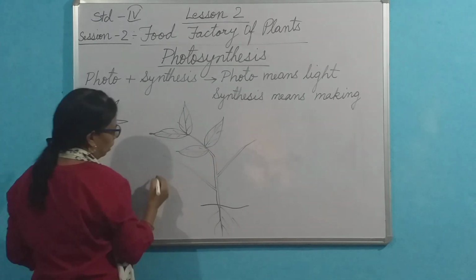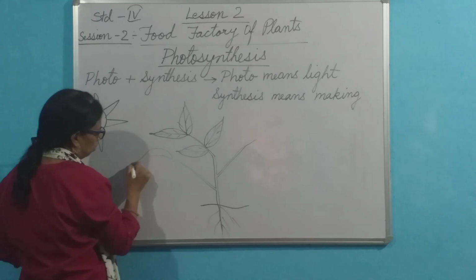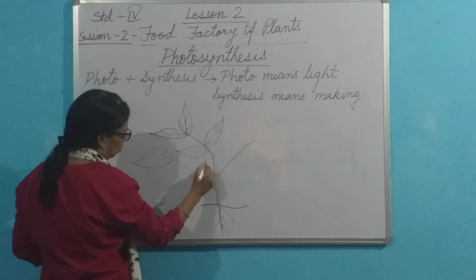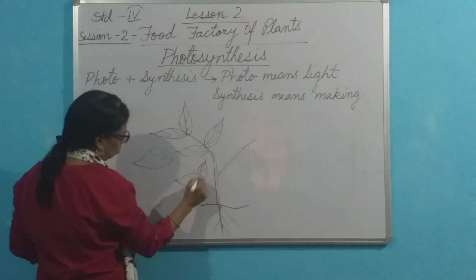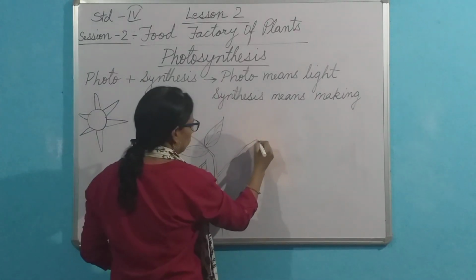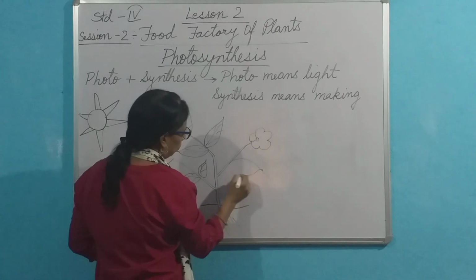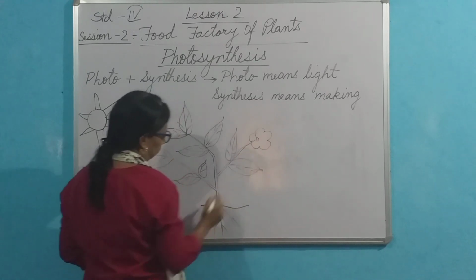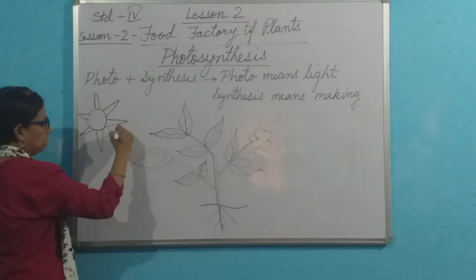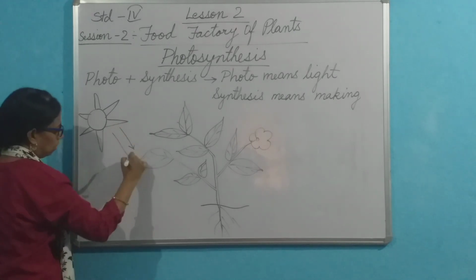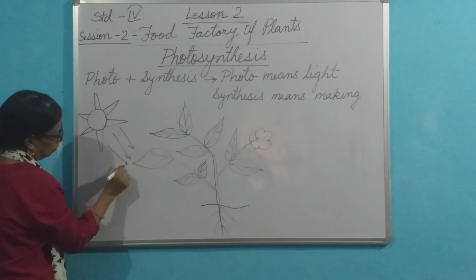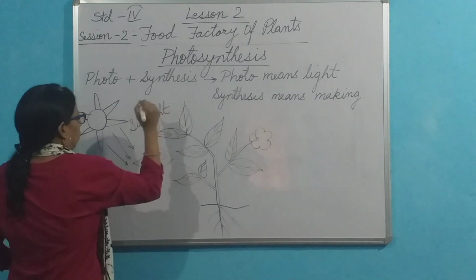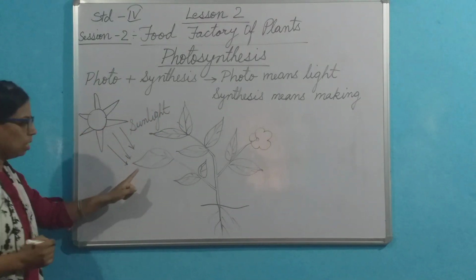You can draw it in a better way. Here, from this sun, the leaf is getting sunlight. Sunlight is received from the sun to the leaves.